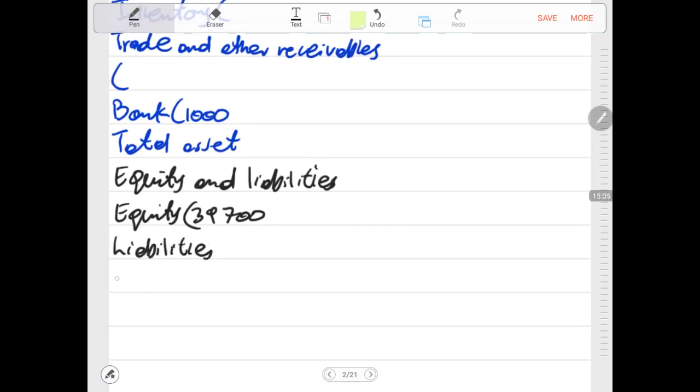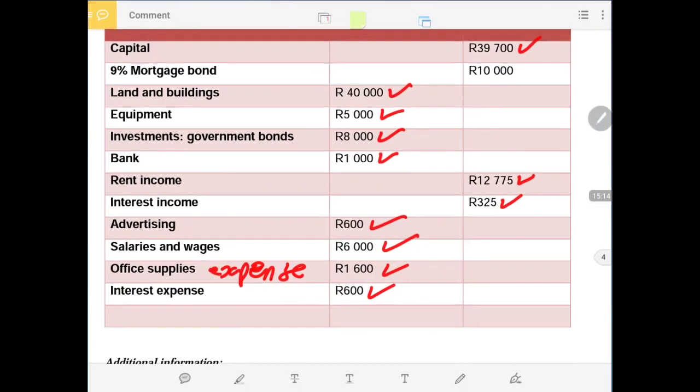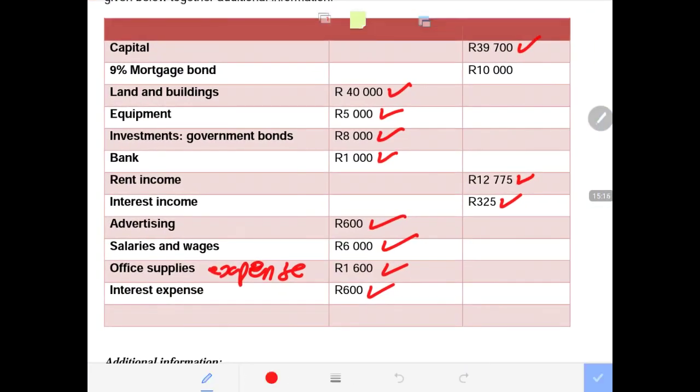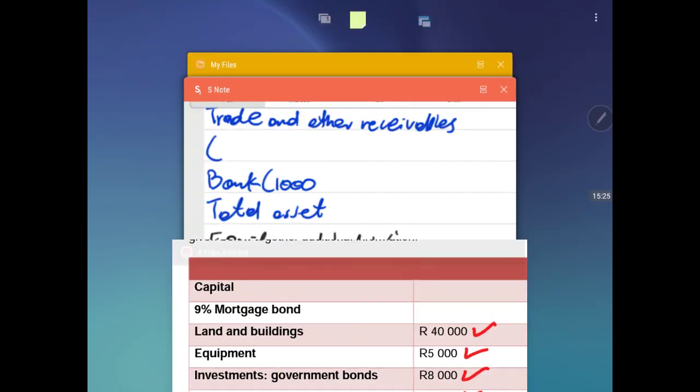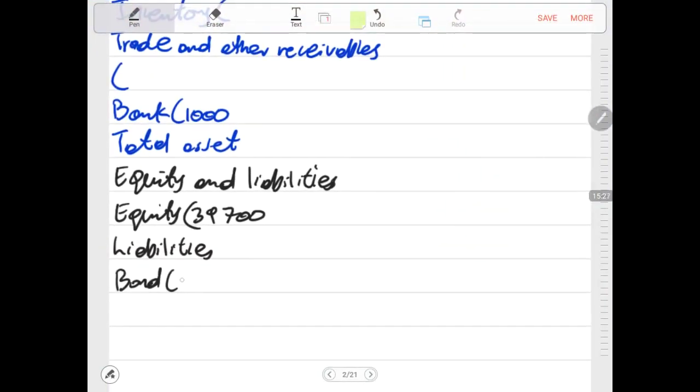We do have a mortgage bond of 10,000 rands. This is a long-term loan, and a long-term loan is a non-current liability. We record that bond as 10,000 here.